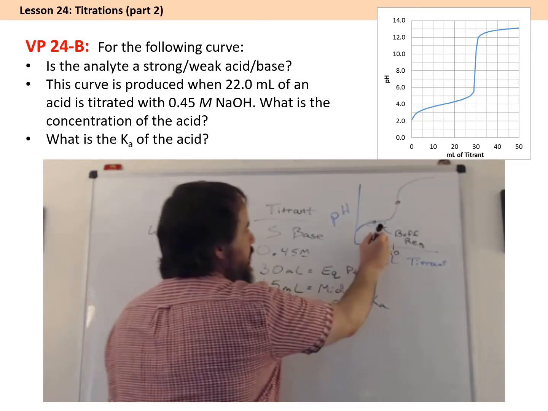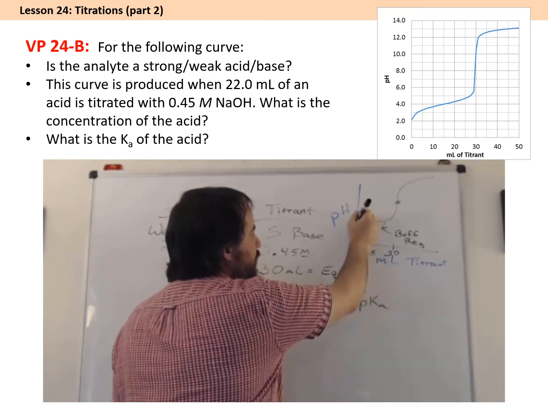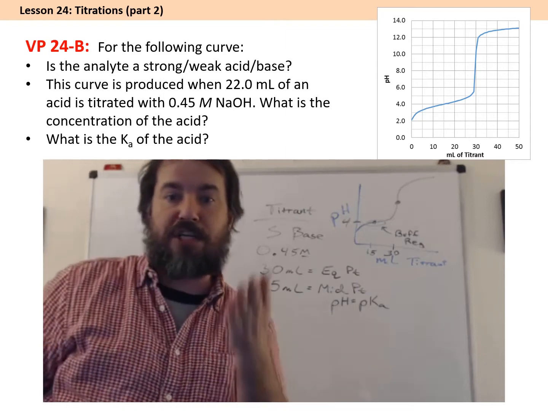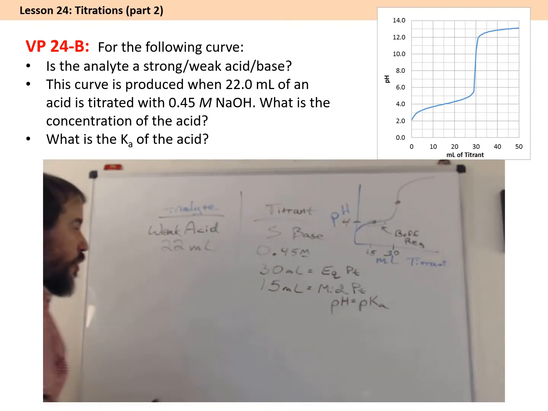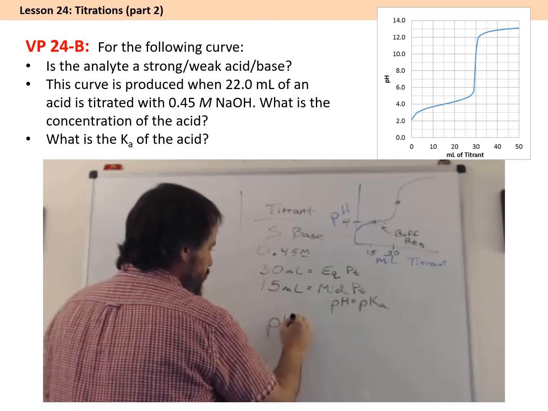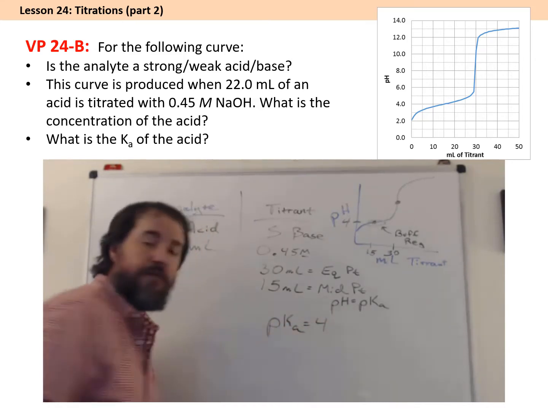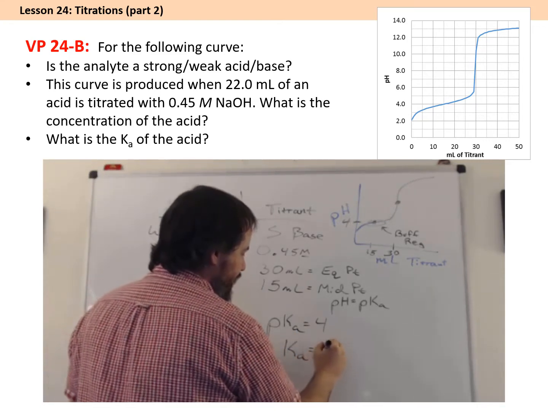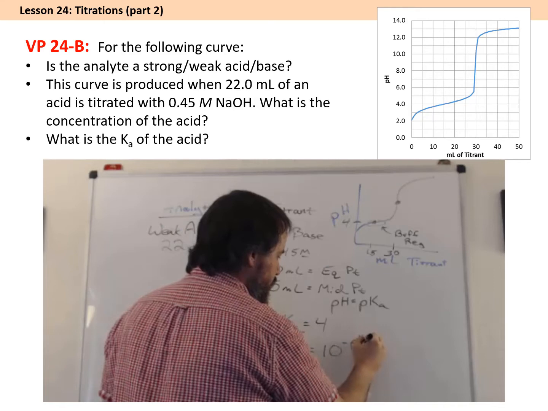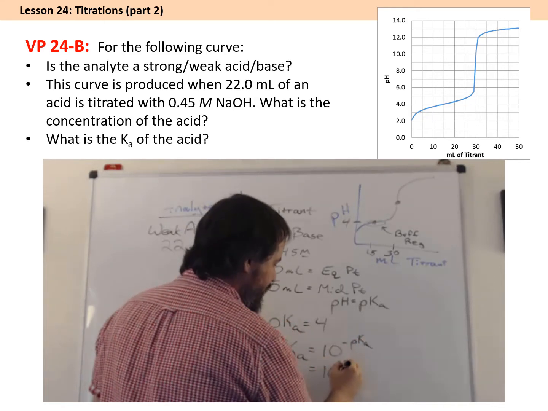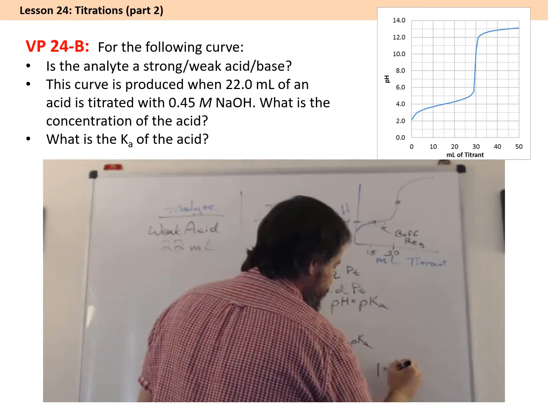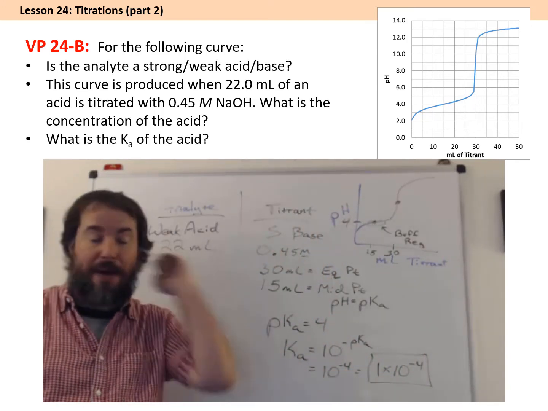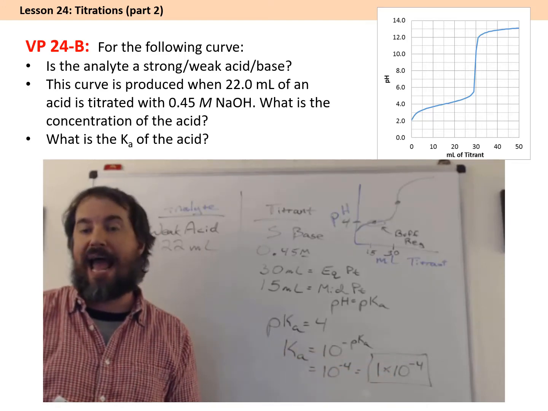So here's 15. So I can look here and I can say, oh, my pH, it looks like it's pretty much exactly at 4, right? So my pKa of my acid is equal to 4. So if I want to find the Ka for my acid, it's going to be 10 to the minus pKa, or 10 to the minus 4, or 1 times 10 to the minus 4. This is my Ka for my weak acid.